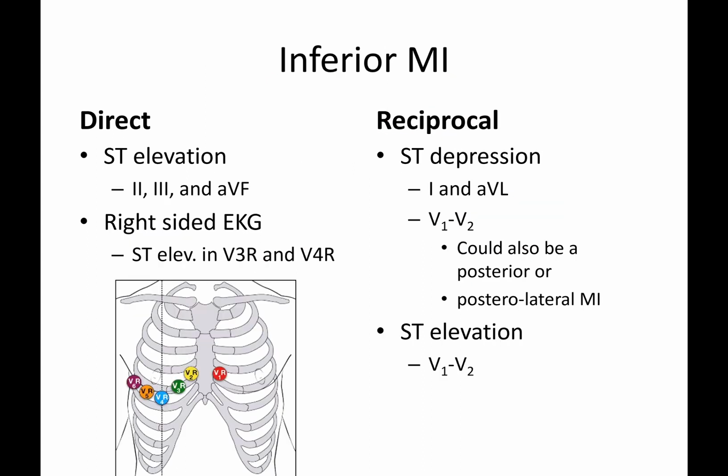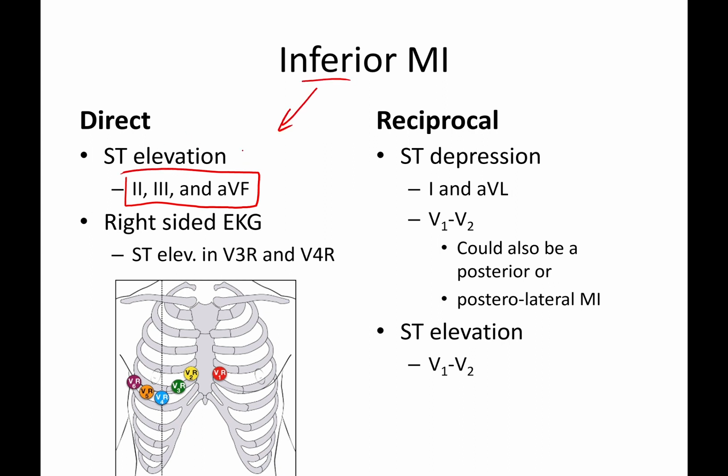Inferior MIs are a little more tricky, but the concept is this. We have direct measurement through your 2, 3, and AVF. Again, inferior, that's what you would expect, right?